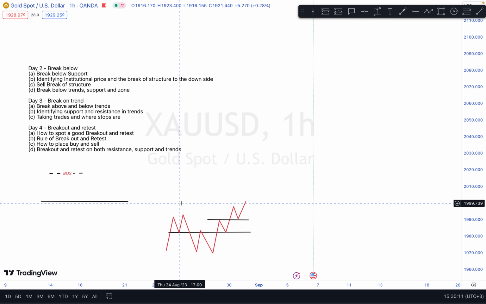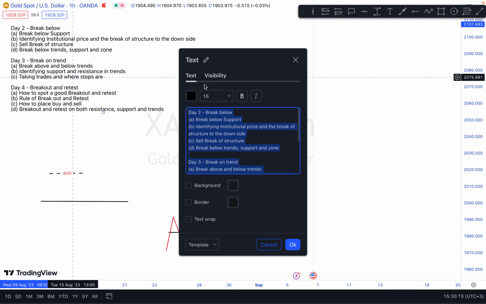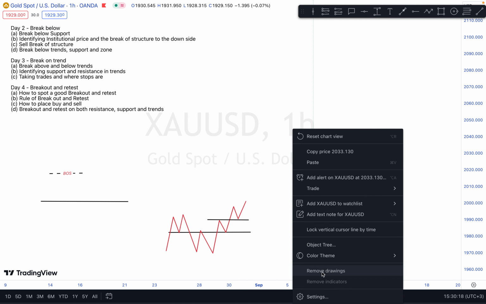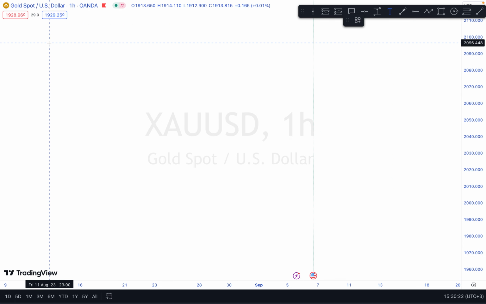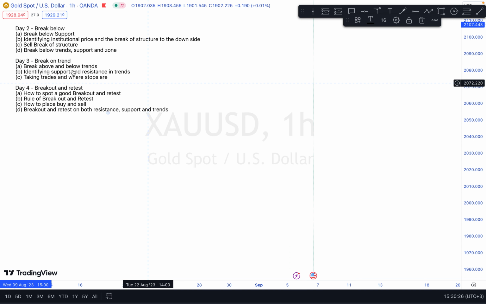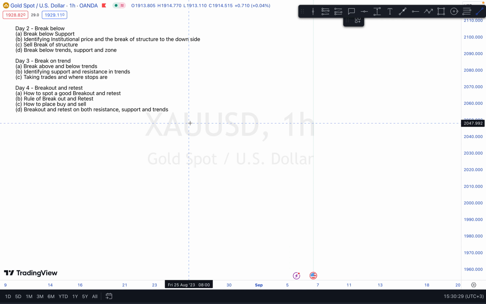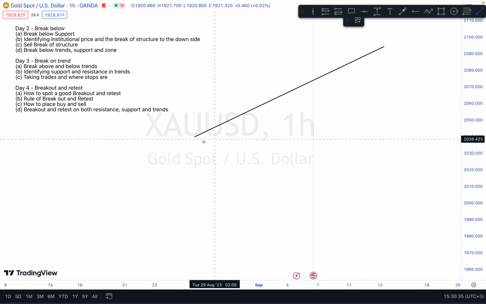Okay, here we are. Alright, I just cleared all the drawings. We have break on trends. Okay, so trends now, as we all know, we have these two types of trend.